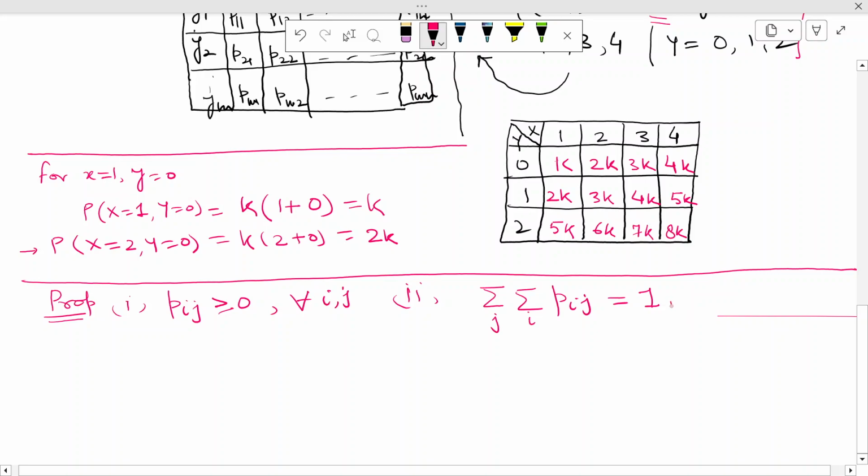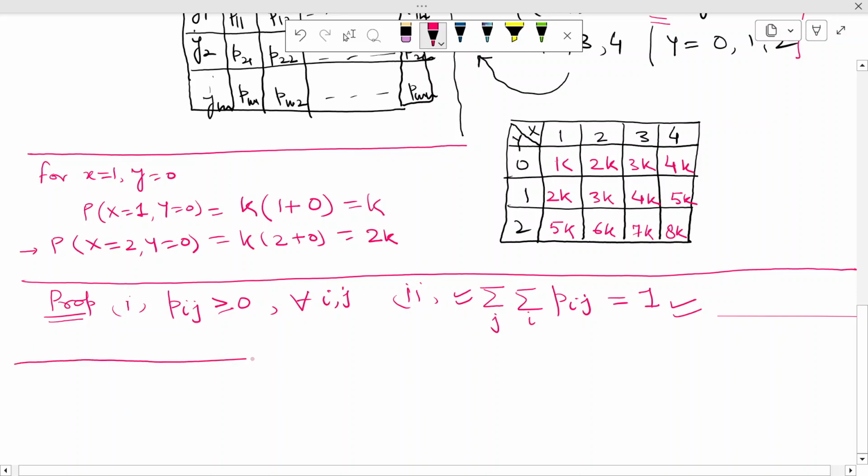We will use this property in order to get the value of any unknown involved in the table. These two are very important properties, and we should keep in mind especially the second one. This is very helpful in order to solve certain problems, right?